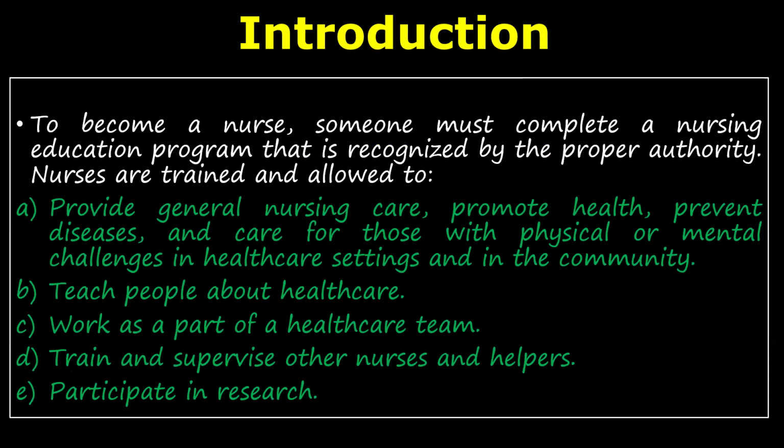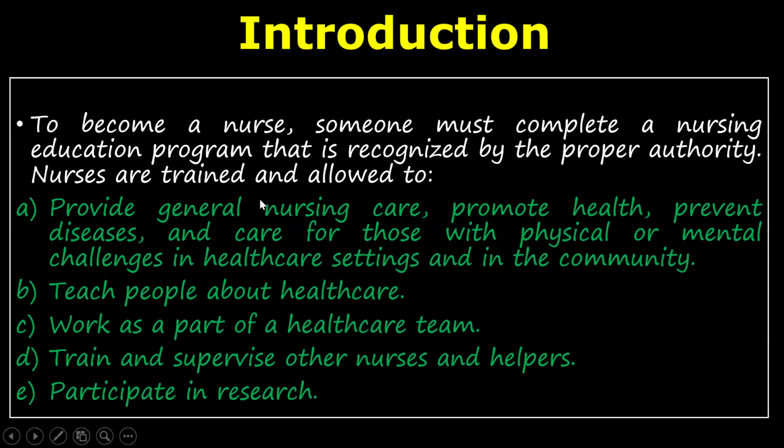There is a council that is registering nurses to practice. So in many countries, you cannot start practicing unless you've been registered. In this case, the proper authority can be the government, university, and the regulatory bodies.